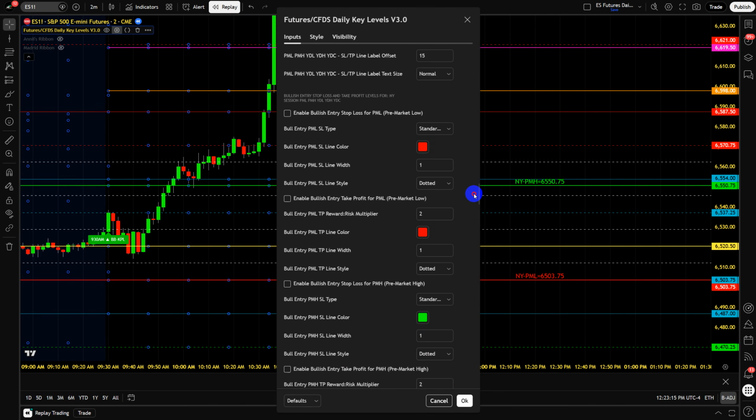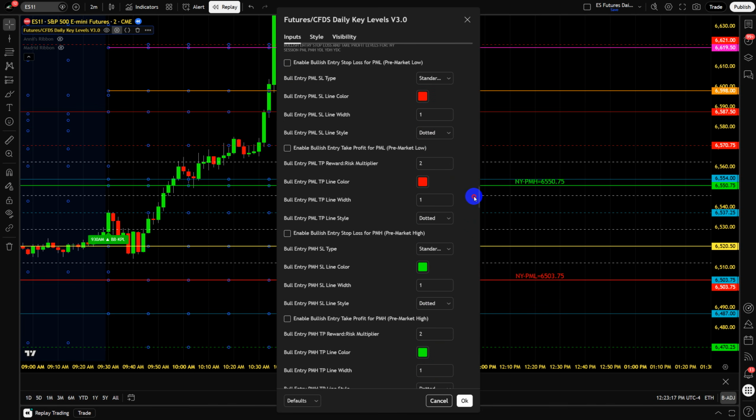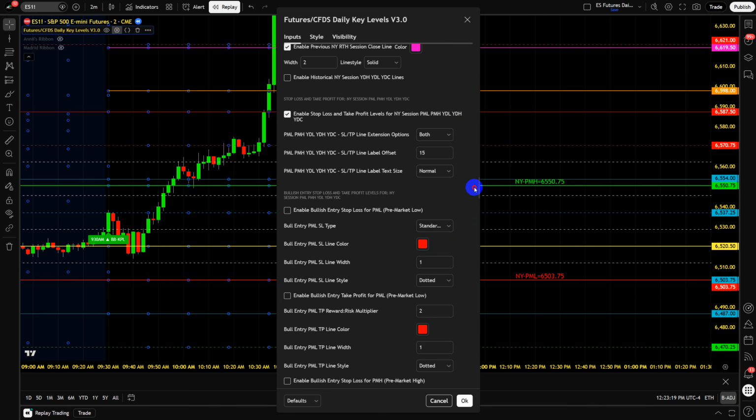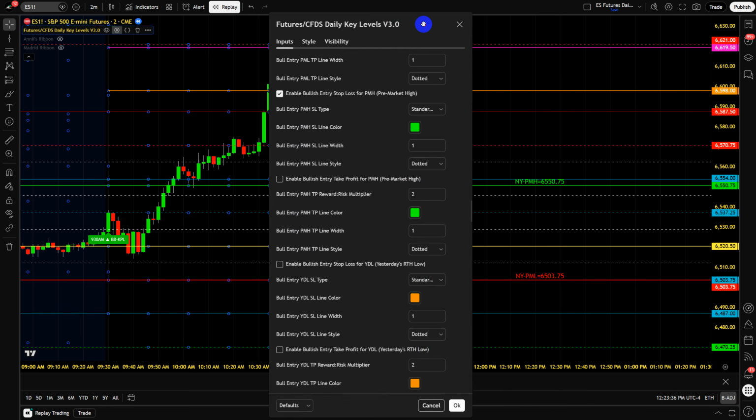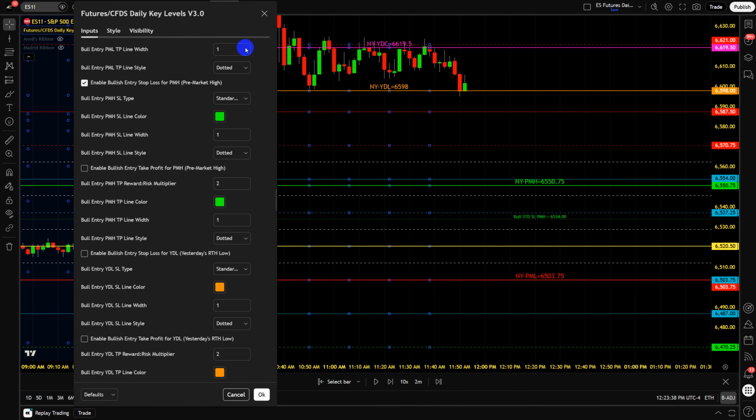We can go down to that section and we have stop loss and take profit levels for these particular levels here. Let's say we go down to bullish entry stop loss for PMH, pre-market high. As you can see here, we can choose either standard or tight.